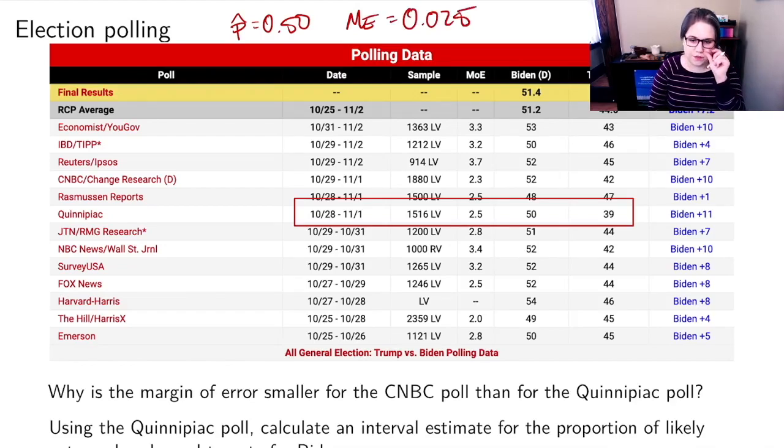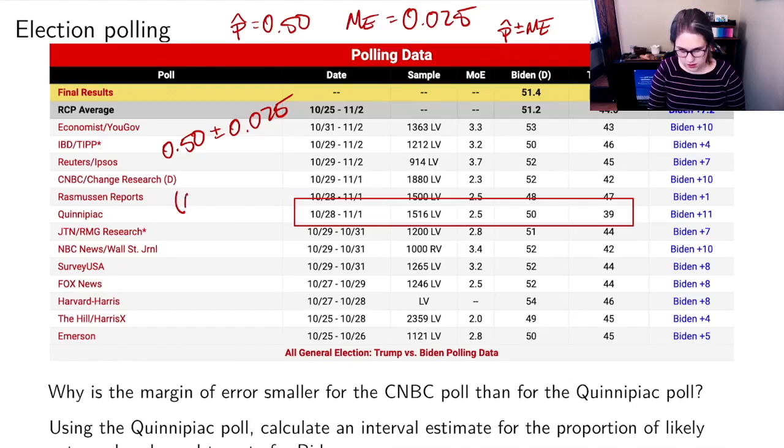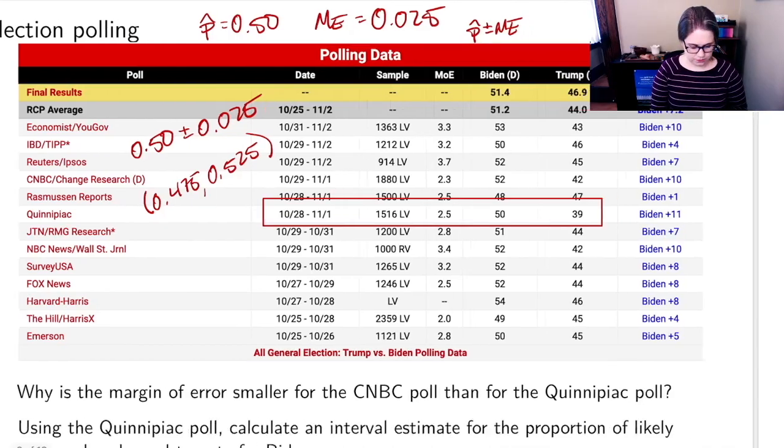So if I want to find an interval estimate for the proportion of likely Biden voters, I can do the p hat plus or minus the margin of error. And in this case, that would be 0.50 plus or minus 0.025, or 0.475 to 0.525. So that would be our interval estimate based on that one poll.